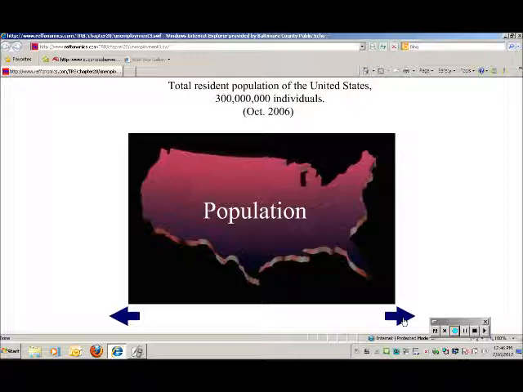I'm pretty sure we're close to about 315 or maybe even 320 million people living in the United States currently. But for the purposes of understanding definitions of population, we're going to be fine with using 2006 numbers.